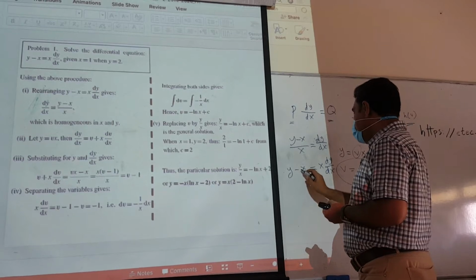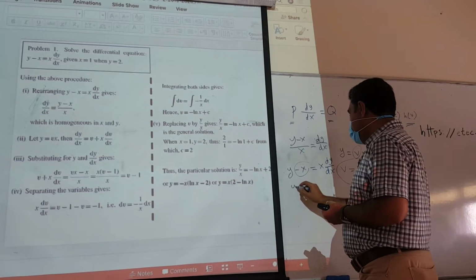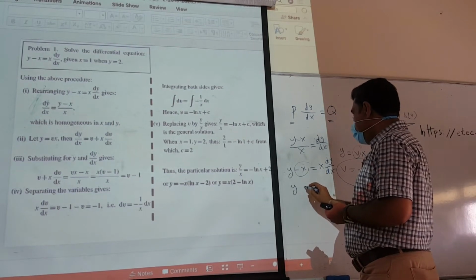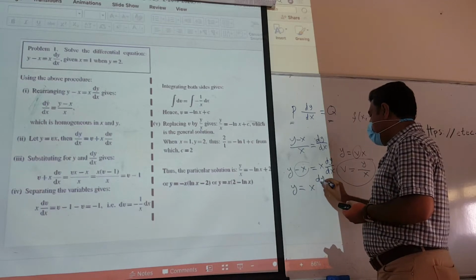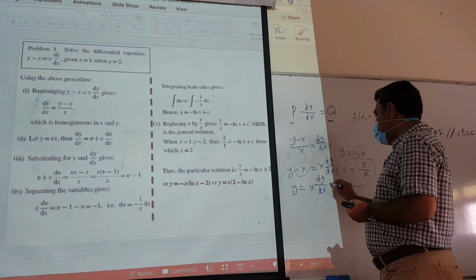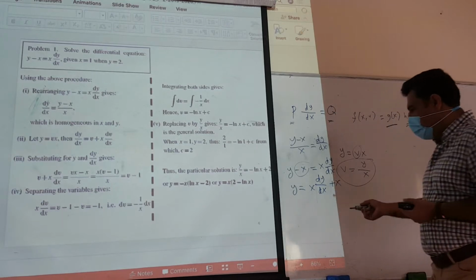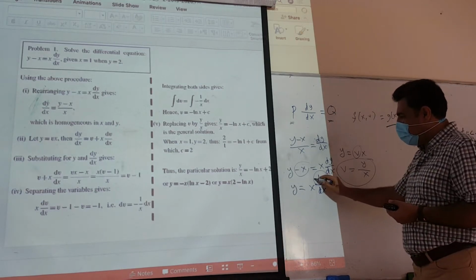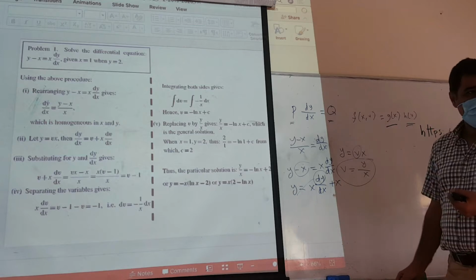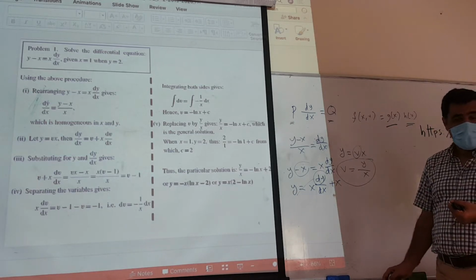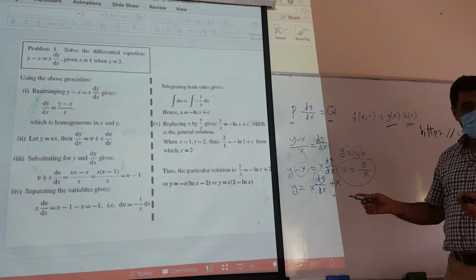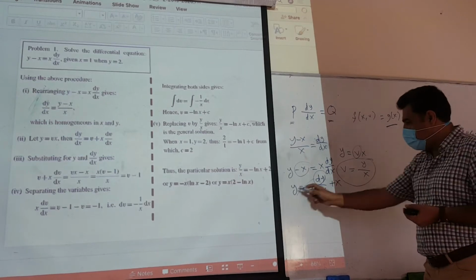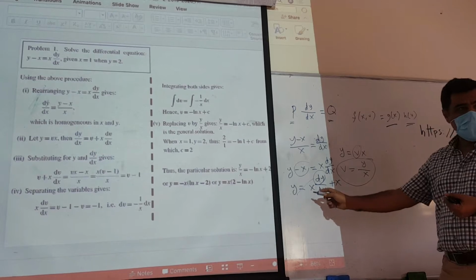Then you need to move this one. y is equal to x dy over dx plus x. Still, we are not able to move this one. We have to have dy with y, dx with x. We cannot move this to this side. Can we move it?